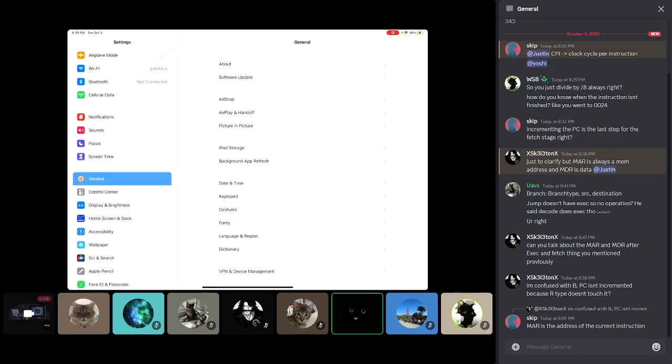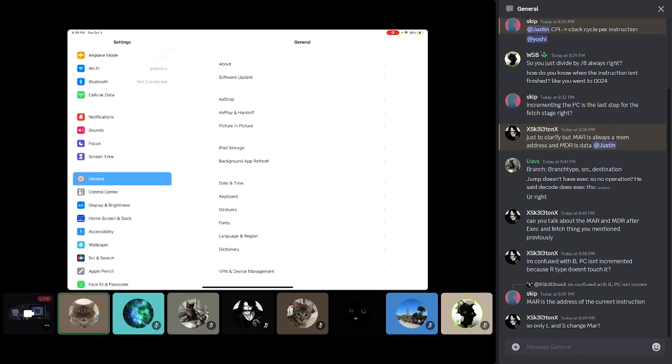No, only if there's an M in the instruction. Yeah, then it changes MAR. So basically, for R type, for branch type, and for J type, MAR is the address of the current instruction. For S type and L type, that's when it will change.